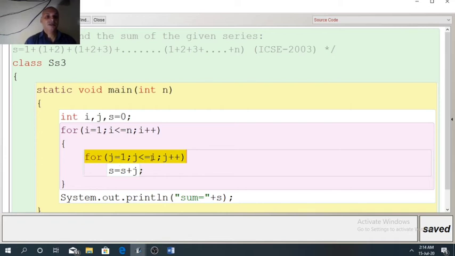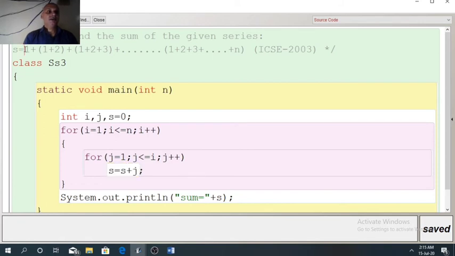So when j is 1, less than or equal to 2, it will go to the body. s equal to s plus j. Previous value of s was 1, that we had got by adding the first term. Now 1 plus 1, we will get 2. Now when j is 2 and 2 is less than or equal to 2, again satisfied, then previous value of s was 2. 2 plus 2, we will get 4. So s will update to 4.